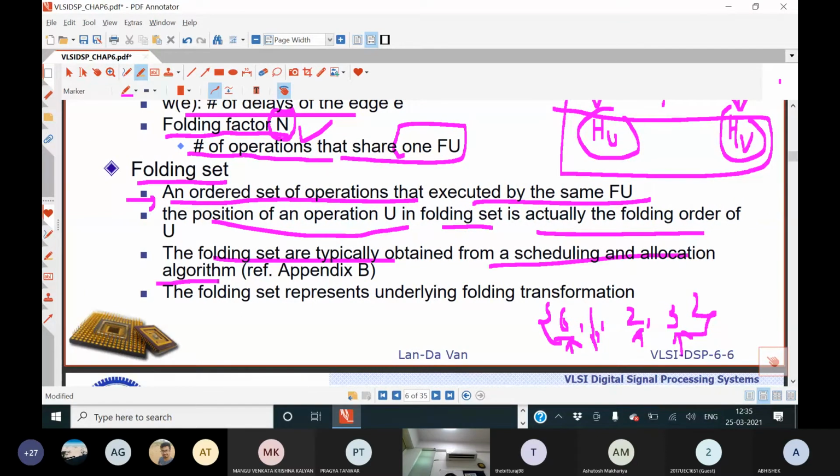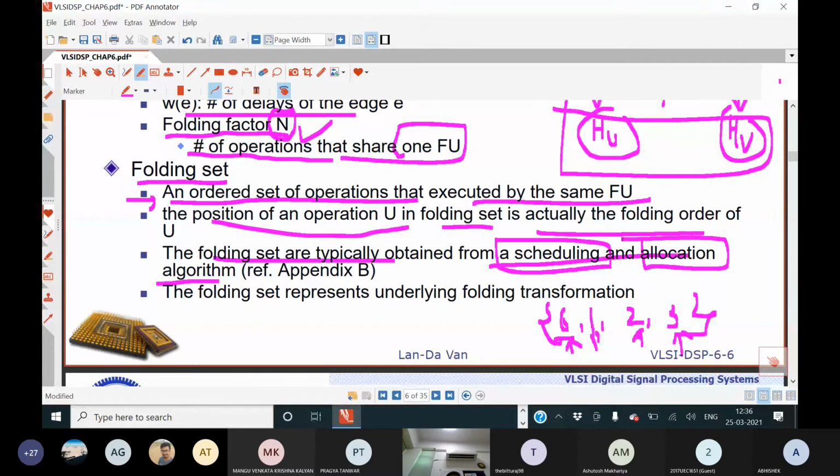There are various scheduling and allocation algorithms. Many of you have gone through the CAD for digital synthesis subject last semester. Over there is a specific algorithm for scheduling as well as allocation.